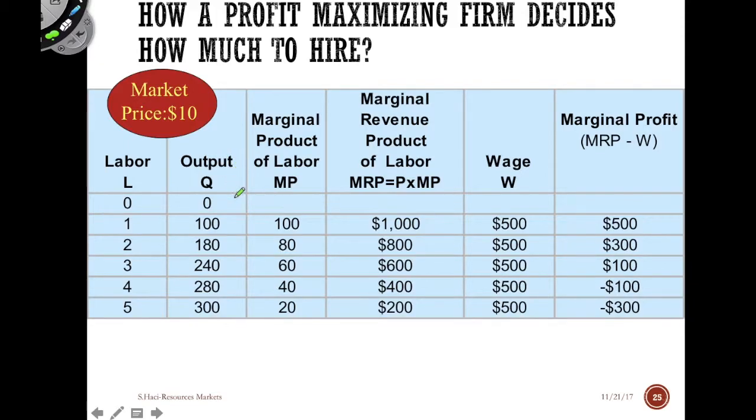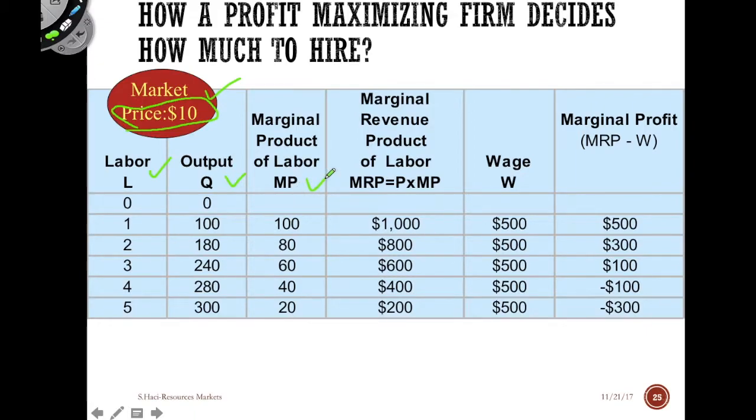Here's a numerical example. This company sells a product and they can sell their product at $10 on the market. This is their production function, so production pattern. You can see here the number of employees they would have, so the quantity of labor they would hire, and how much output that would allow them to produce.